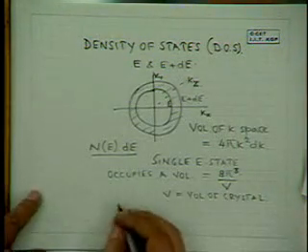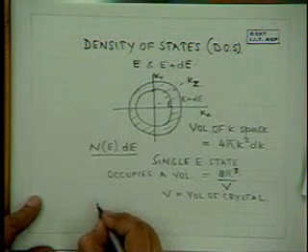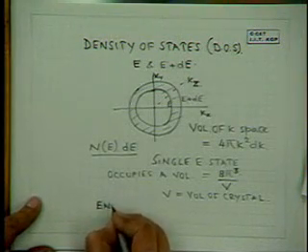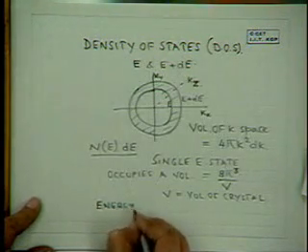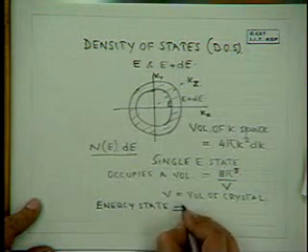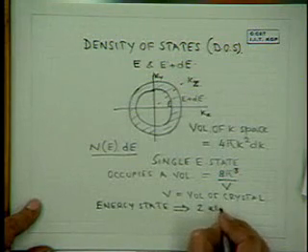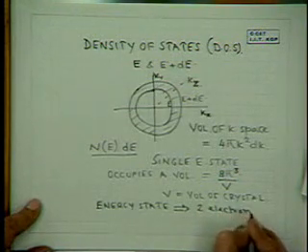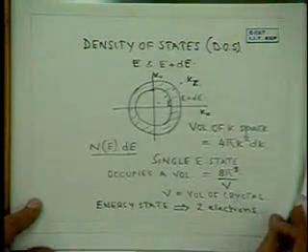We also know that corresponding to each energy state, there can be 2 electrons of opposite spin.